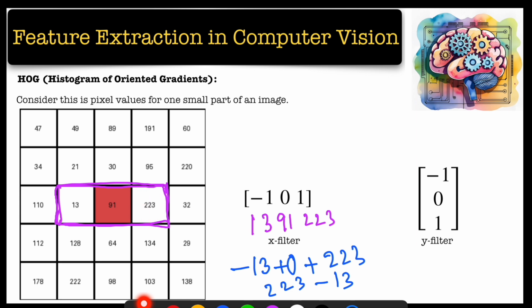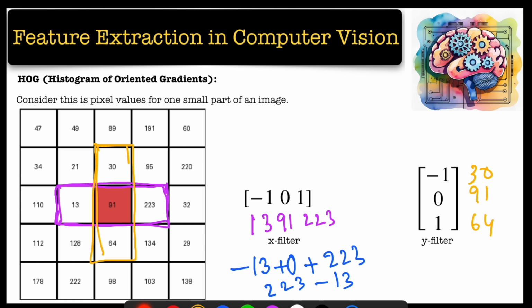So we're just trying to formalize this. This is one filter we have taken, and we'll overlap this with the pixel values. We'll take the element wise product and the sum of those products, and we'll get the intensity changes. This is in the y direction. So in the y direction, if we take these pixel values, we get 30, 91 and 64.